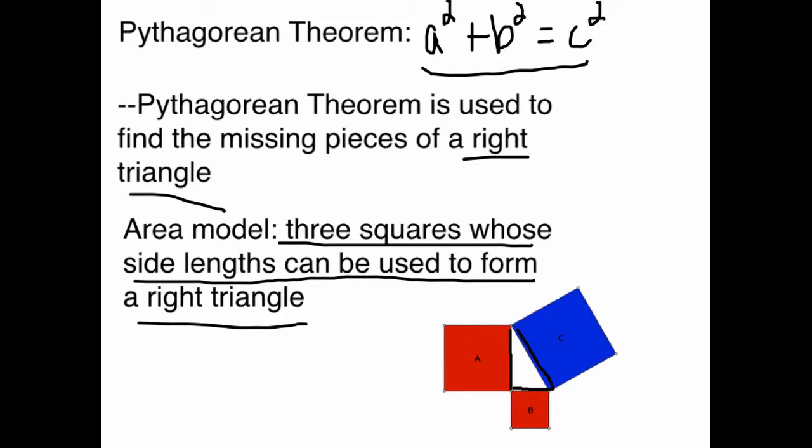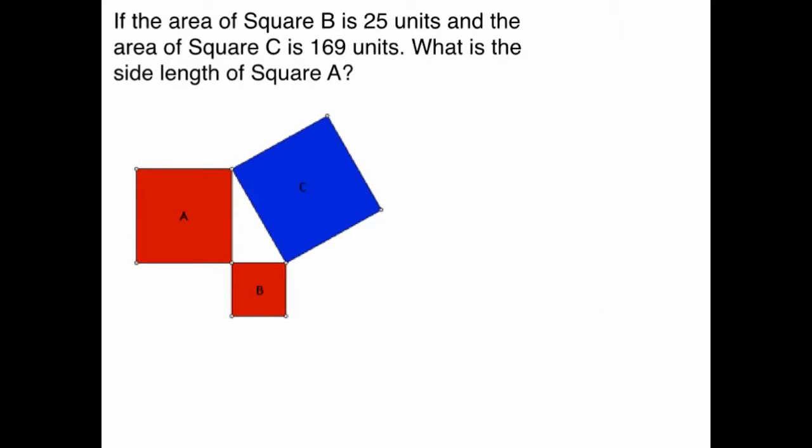So let's do an example. If the area of square B is 25 units and the area of square C is 169 units, what is the side length of square A? The first thing I'm going to do is label what I know. If the area of square B is 25 units, I know that area is length times width.